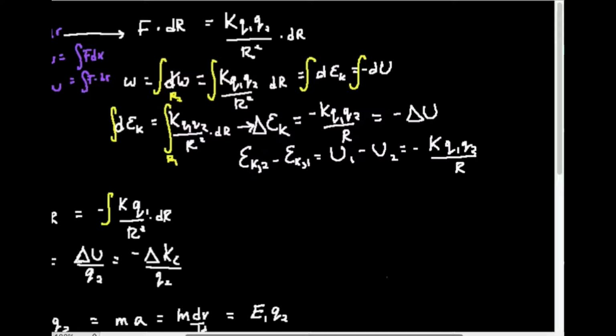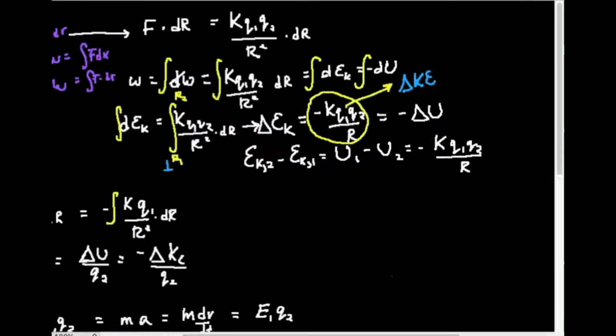So what do you get when you do this? Well, if r1 is 0, when you evaluate this, you get that the integral here is negative k q1 times q2 over r. This expression right here is the change in kinetic energy, all right? Assuming you go from r1 is 0 to r2, okay?